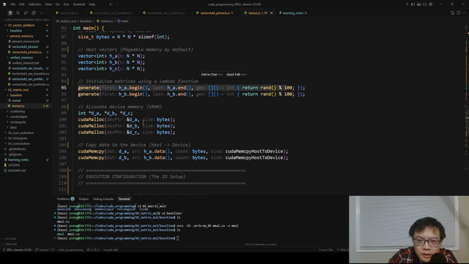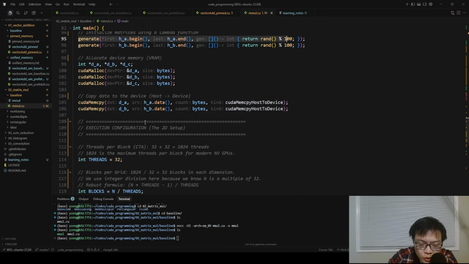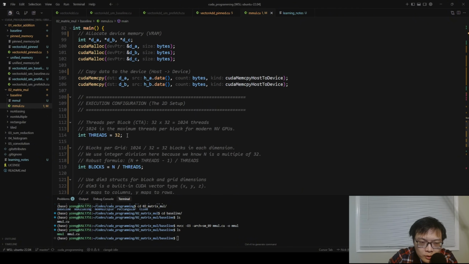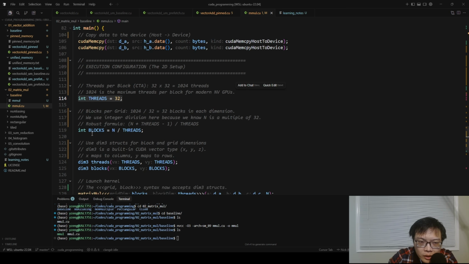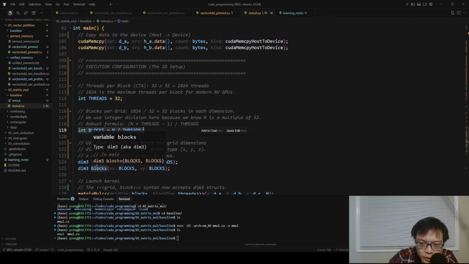And then the most critical part of the matrix multiplication is the execution configuration. As we said, there are 32 threads per block, and then we have 32 blocks in each dimension. We use the CUDA built-in type dim3 to define our dimensions.